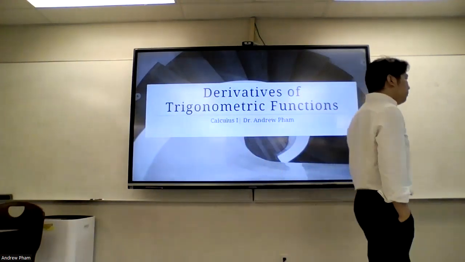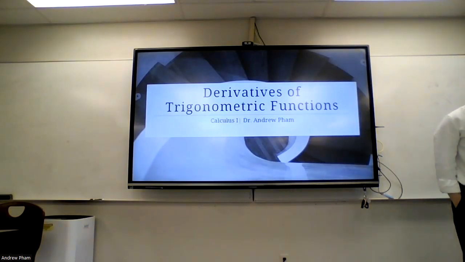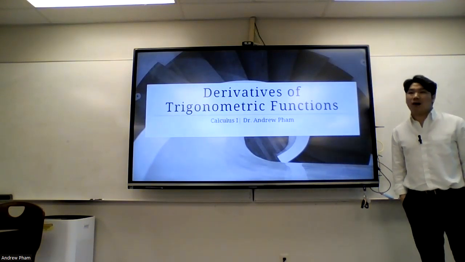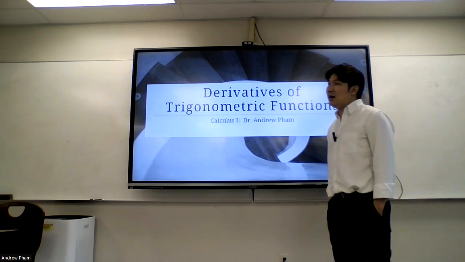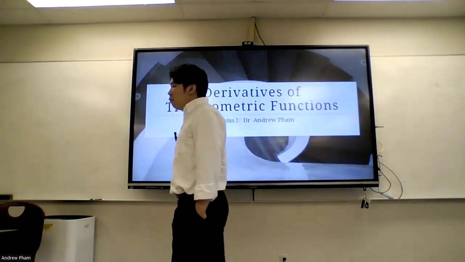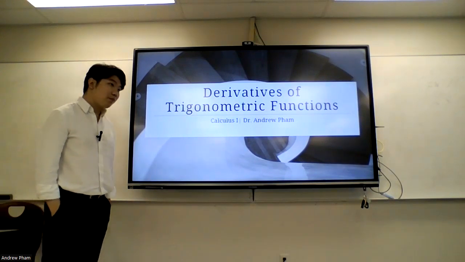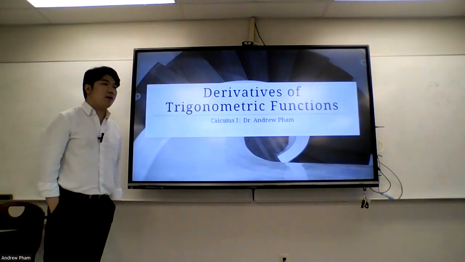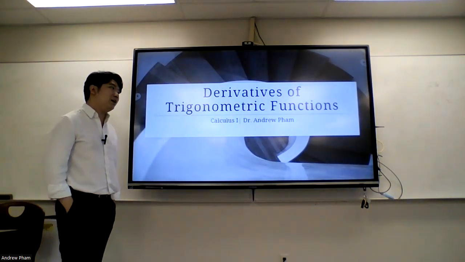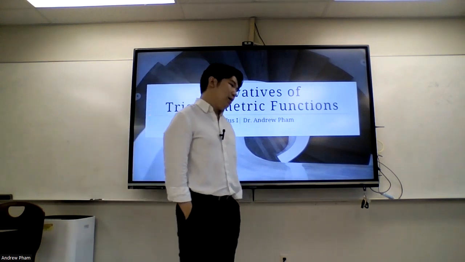So a lot of these trigonometric functions come from trigonometry and how we studied triangles and the angles on those triangles. And then we were able to extend that to pretty much any angle if we wanted to. But that's not going to be our main focus. We're going to be focusing on the derivative of the functions themselves.